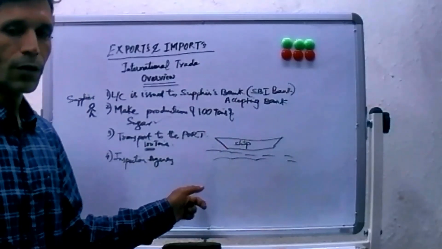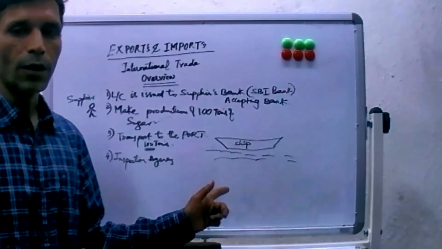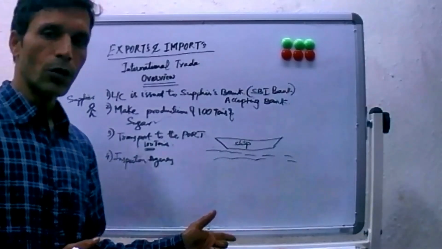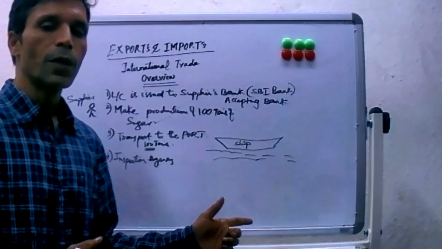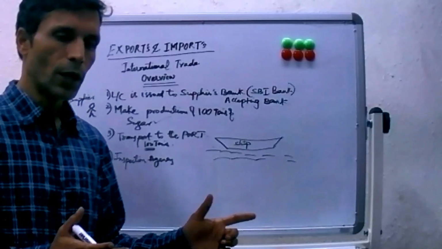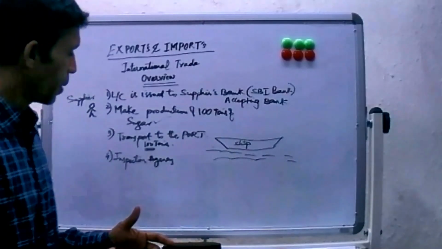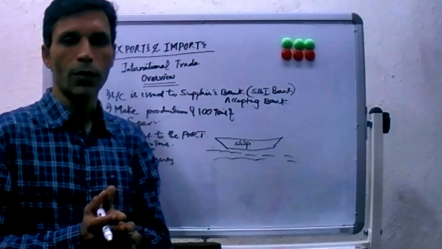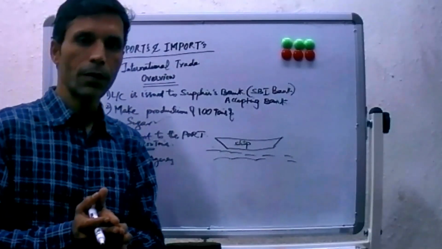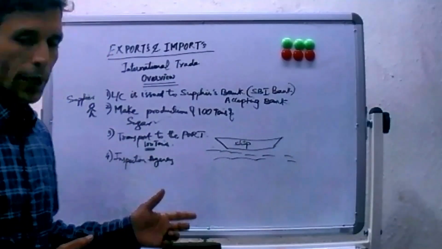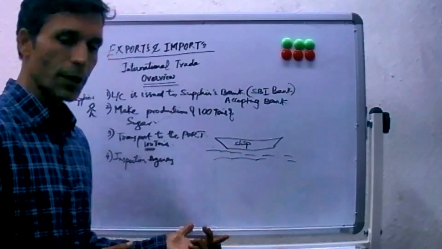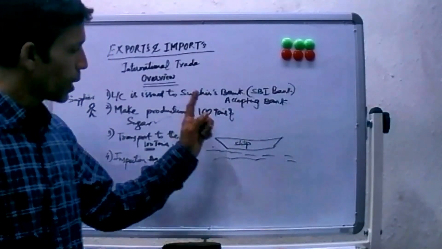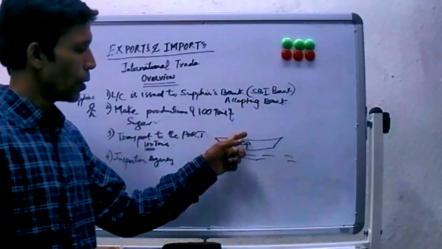They will check the packaging, if there is any damage, and if the sugar is as per the requirement from the buyer's side. The quality and the quantity, everything will be checked before loading this 100 tons of sugar on the ship.